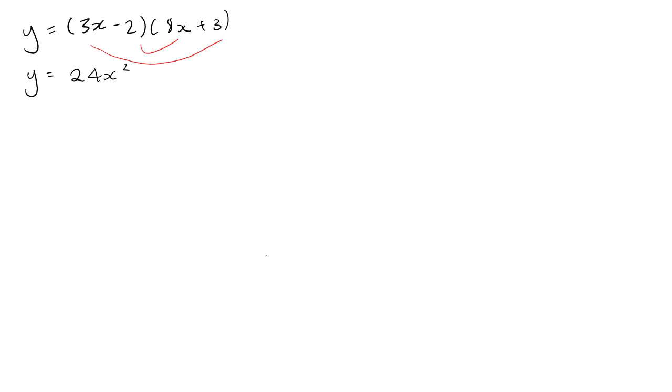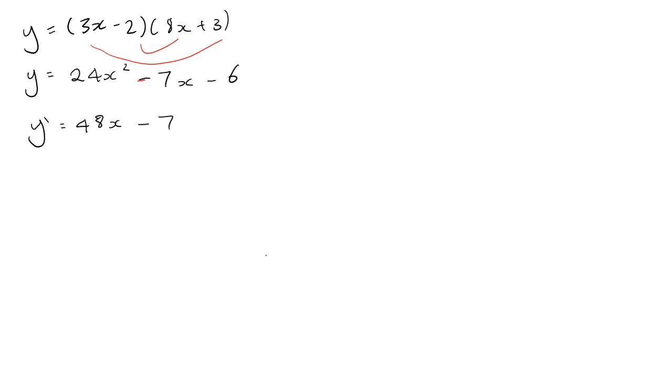Negative 16 plus 9 is negative 7. So we get negative 7x minus 6. We differentiate this function. So y dash is equal to 48x minus 7.